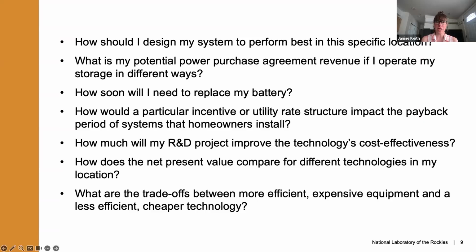And lastly, what might the trade-offs be between more efficient, expensive equipment and less efficient, cheaper technology? So as I said, this is a selection of the types of questions that the SAM tool can be used to answer. And you'll notice that a lot of them are really combining a detailed look at the technology side with details of the financial structure itself.